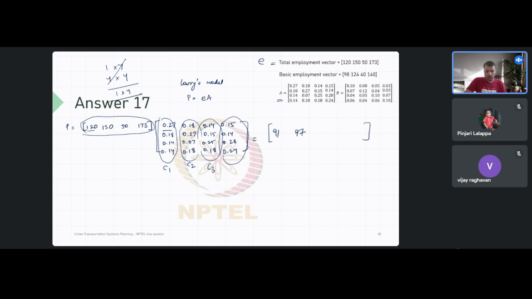120 into 0.14. So this is 82.94. Let's write it as 83. Now we have to do the last one, that is C4.